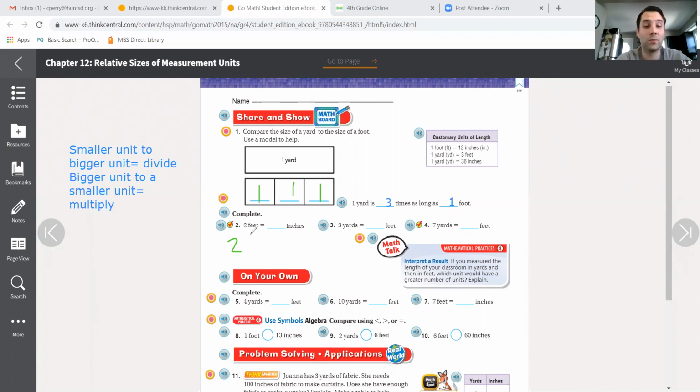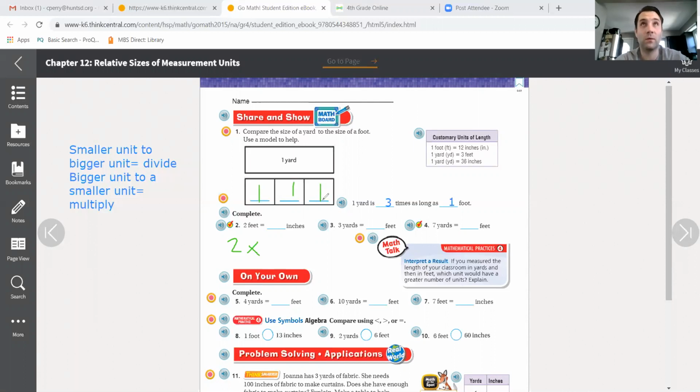So next to the 2, I'm going to put my multiplication sign. So 2 times a number. Now I need to know what that number is going to be. Going from feet to inches, ask yourself, how many inches are in 1 foot? You can use our little table up here. 12 inches equal 1 foot.